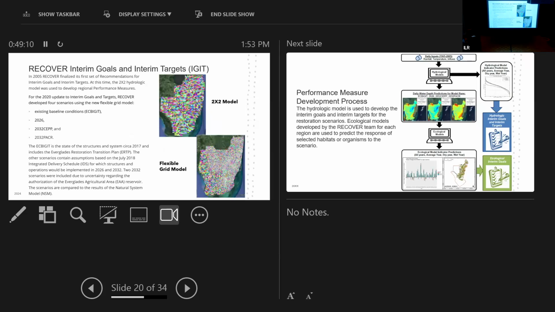So what did we use? We started with an overall hydrodynamic model of the system. The first one was the 2x2 model. These are 2 mile by 2 mile grids throughout the system. It's a model of how the system works and how the system flows, so there's water flow and water levels in each one of those grids.